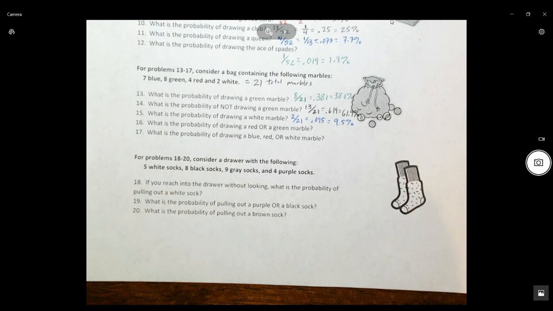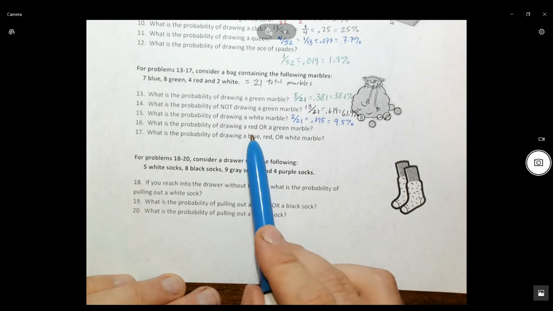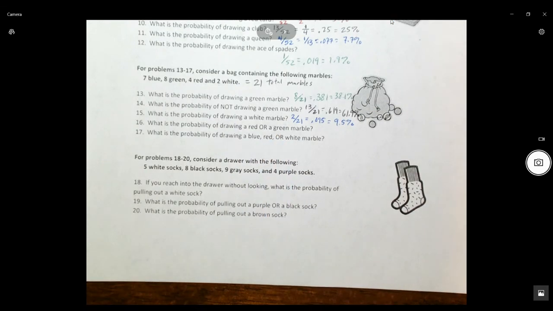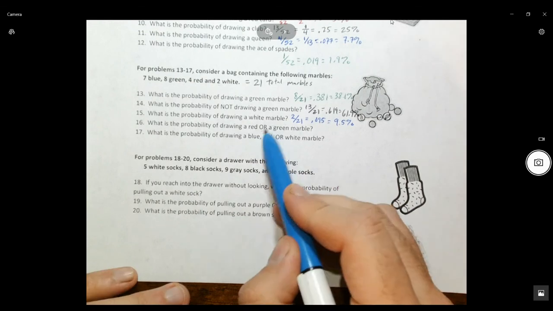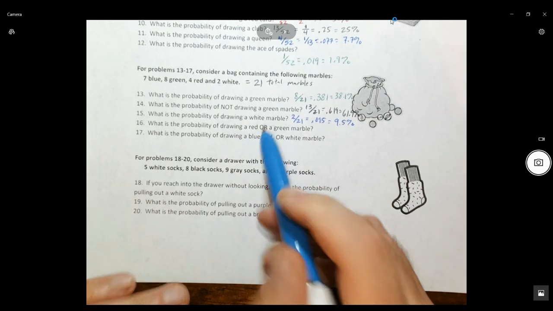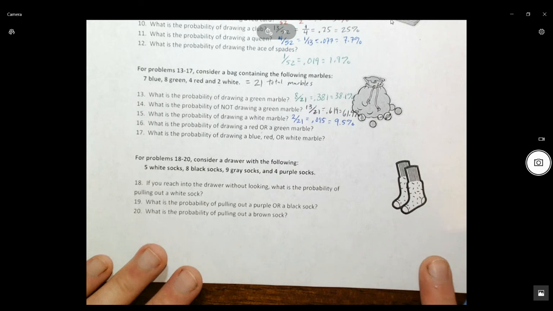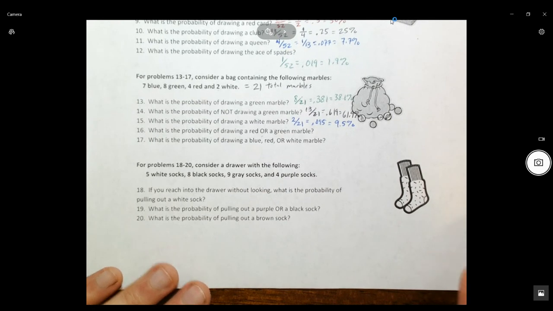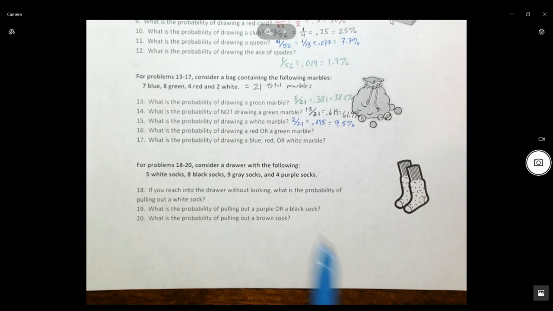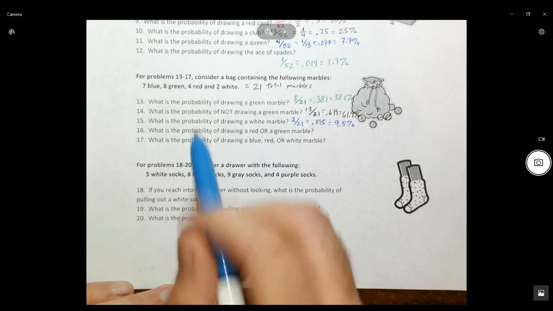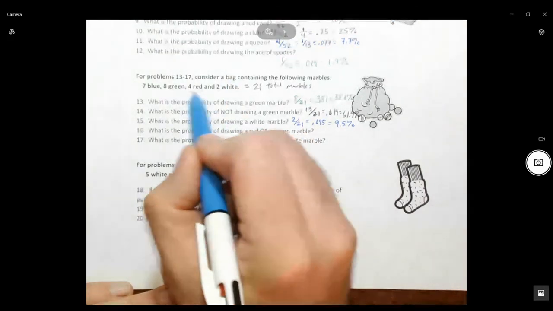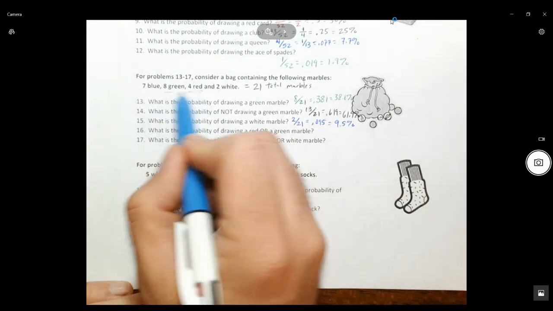Okay, number 16, what is the probability of drawing a red or green? Red or green, either one. Okay, when you see the word or, go ahead and get used to this. Or kind of tells us to add, right? We don't even have to think about it that complexly yet. We can just think about red or green. So I'm happy to draw a red, so these 4 reds, or these 8 greens.